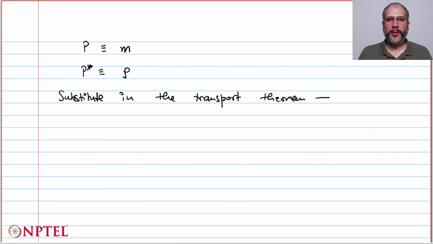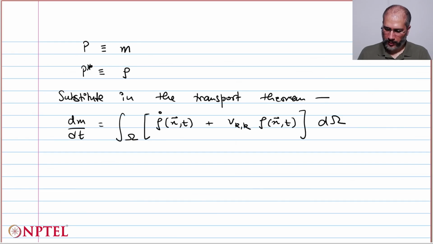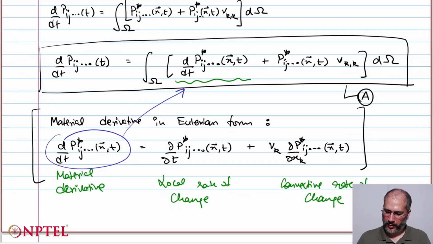If I substitute these in the transport theorem, what I get is this: dm by dt is an integral over the current configuration volume omega of the quantity rho dot plus the divergence of V times rho. You can see that this is form A of the transport theorem that we had written earlier.